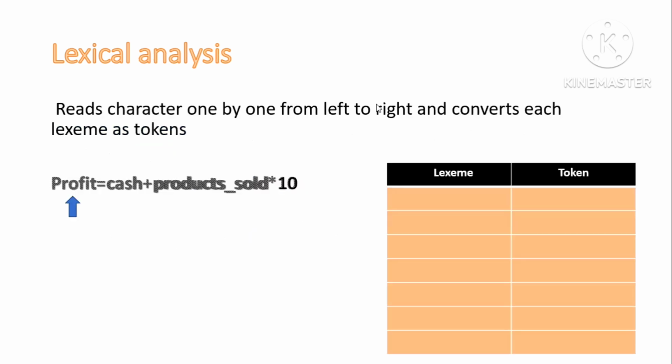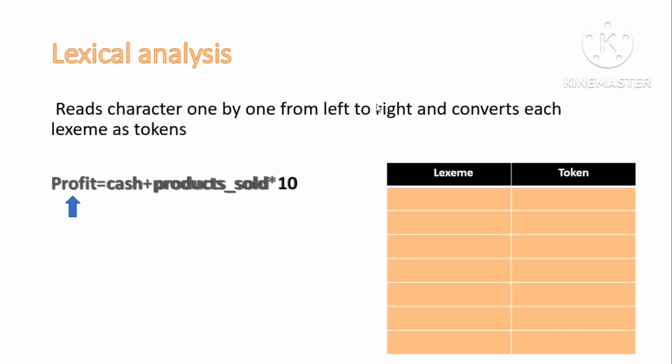Lexical analysis converts each and every lexeme into a respective token. Now we have a graphical representation of this simulation. It reads the characters one by one from left to right and converts each lexeme into a token. For example, you have a pointer standing on this high level statement: profit equal to cash plus product sold into 10.